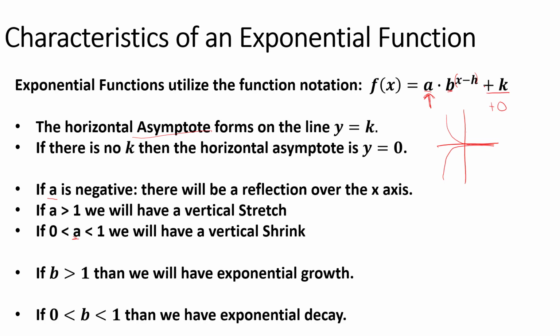The smaller the value of b, in other words, between 0 and 1, the faster or slower something will decay. So, numbers greater than 1 create growth. Graph will go in this fashion. Numbers less than 1 will create decay. The graphs will go in this fashion.